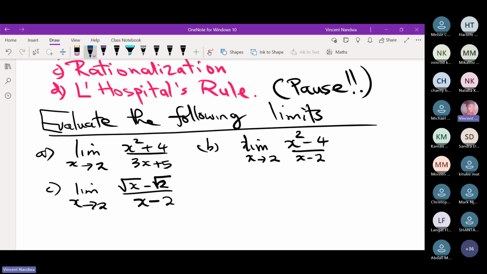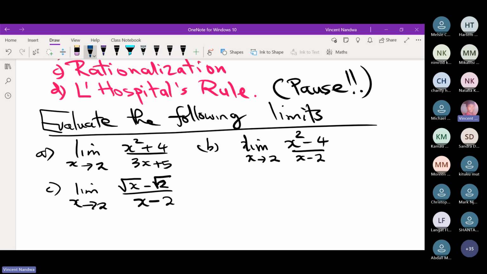And to make things clearer from the start, when you will be given questions on limits, we will not tell you that this is the method you need to use to get the answer. The question will just be open, evaluate the limit. So what you normally do from the start, you start by directly substituting.